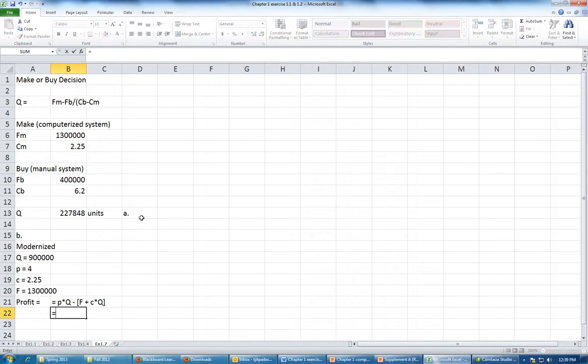So P is $4 times Q, which is 900,000, minus in parentheses fixed cost 1.3 million plus C, which is 2.25 times 900,000. Okay, so the modernized system will have profits of 275,000.